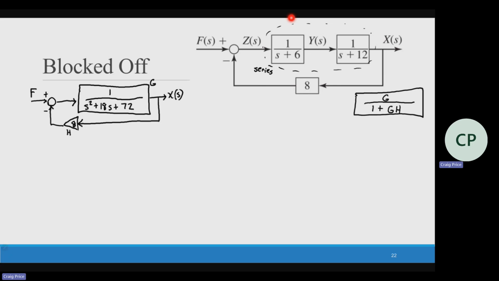You don't have to memorize that. We're just going to follow the algebra right here. But we should be able to make one transfer function. So for example, x is equal to, if I call that g, this is g times a combination of f minus, I'll just use 8x.